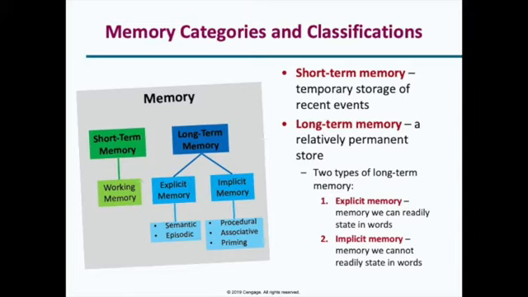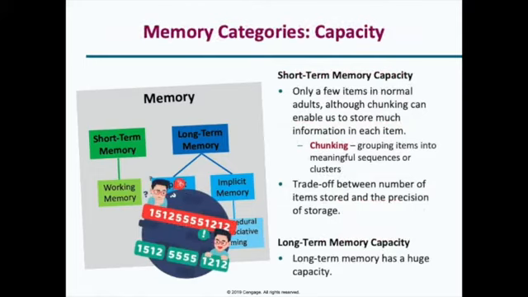Slide 22. Psychologists have traditionally drawn several distinctions between short and long-term memory. One difference is capacity. Long-term memory has a vast, hard-to-measure capacity. Short-term memory, in contrast, has a very limited capacity. Most healthy, educated adults can repeat a list of about 7 letters, numbers, or words.